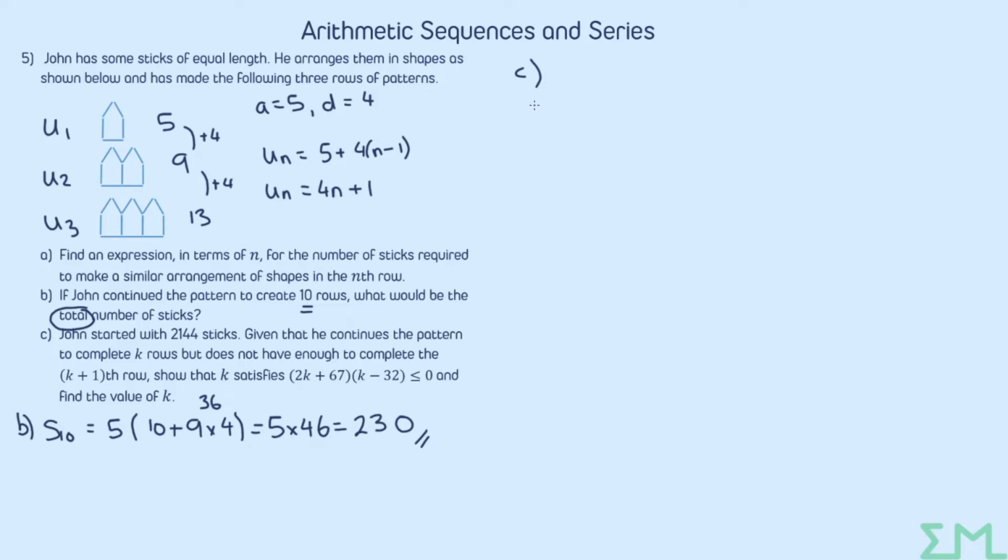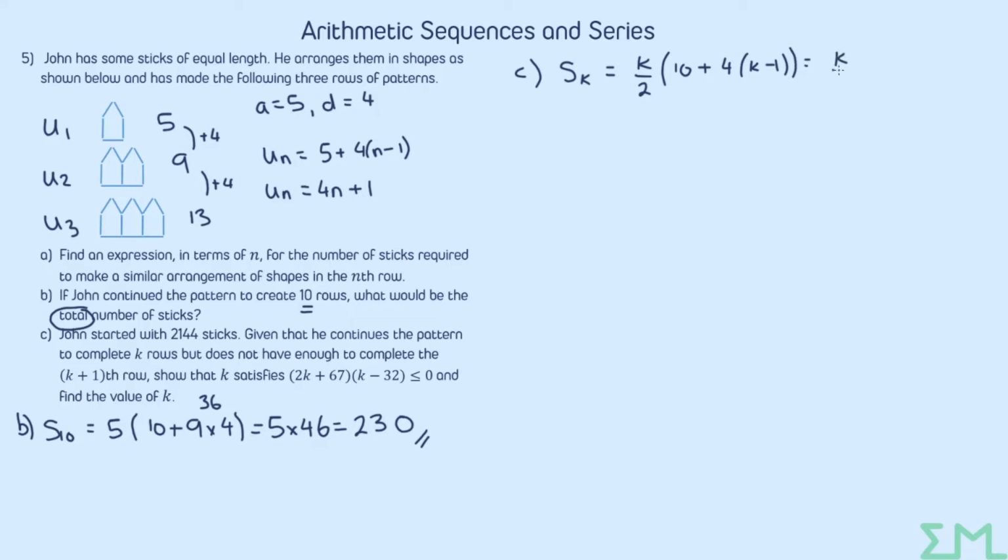Okay, part C, he starts with 2,144 sticks. He continues the pattern, completes k rows, but does not have enough to complete k plus 1. Show that k satisfies that inequality and find the value of k. Okay, so if we write down what sk is, so this is the number of sticks required to complete all the way up to k rows, that would be k over 2 times 2a, which is 10, plus 4 lots of k minus 1.